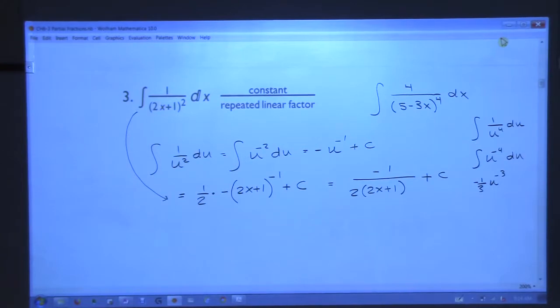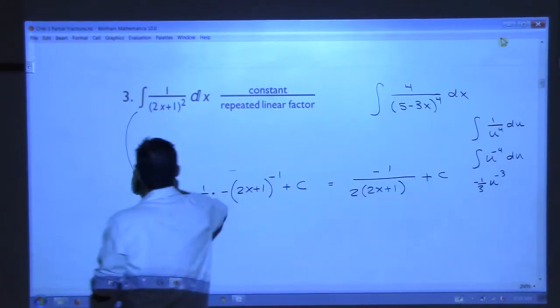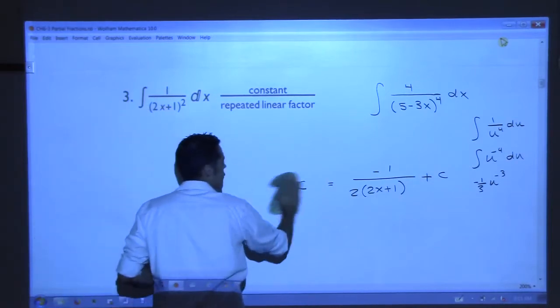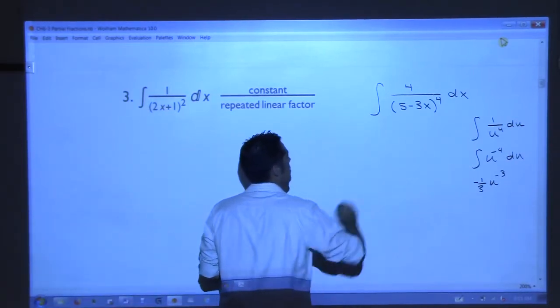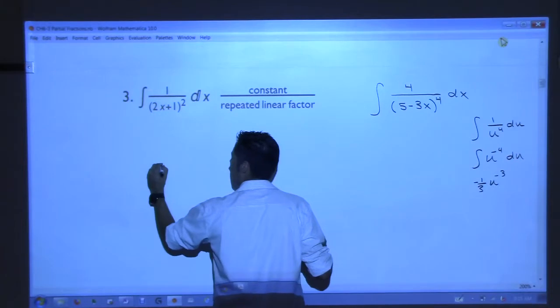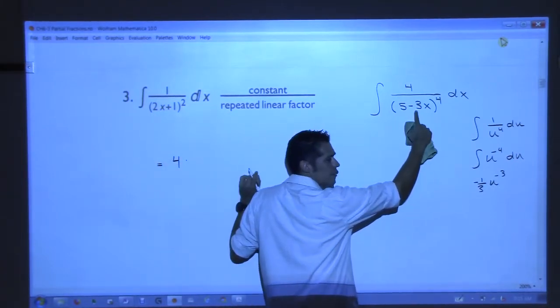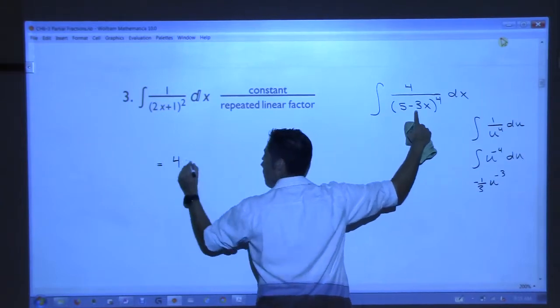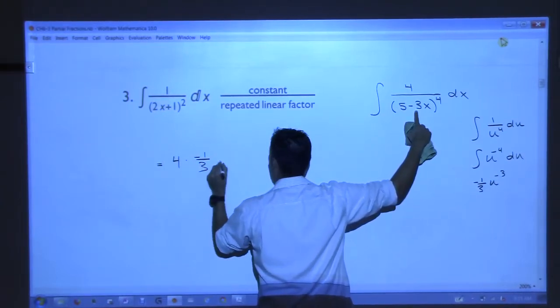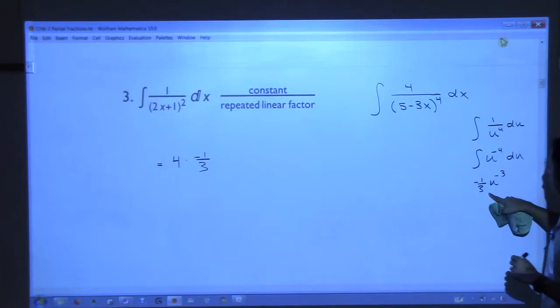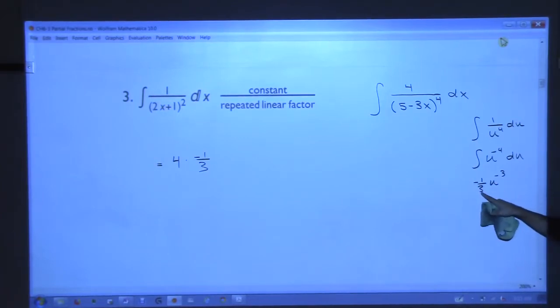We're trying to avoid going through the entire u substitution. Okay, so now let's try and get this. All right, so the 4 I need to take account of, 4. I have the 3 here, so negative 1/3. And then, because of the actual integration, I have a negative 1/3 again.